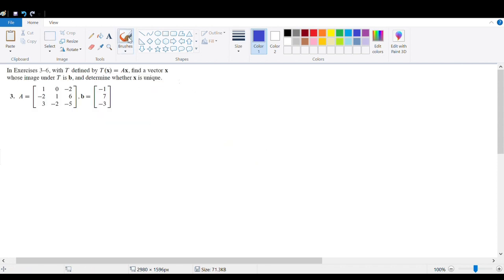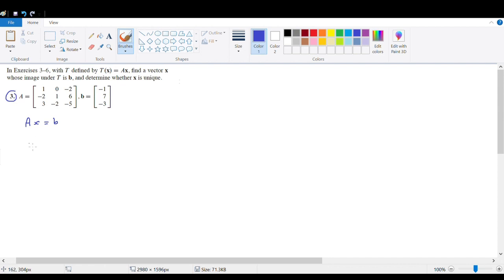In exercises 3 to 6, with T defined by T(x) = Ax, find a vector x whose image under T is b and determine whether x is unique. So here we have a matrix A and we have the vector b. We are asked to find the vector x such that Ax is equal to b.